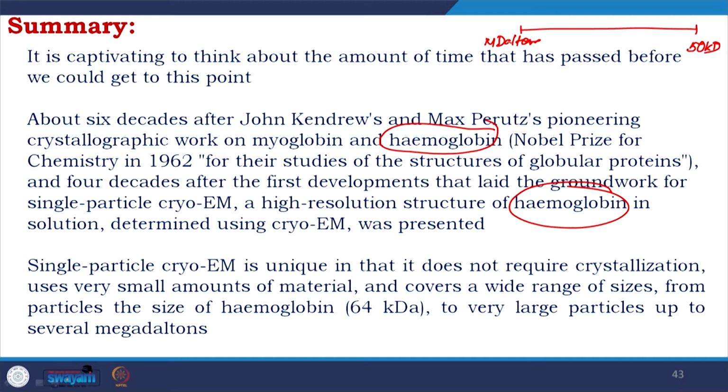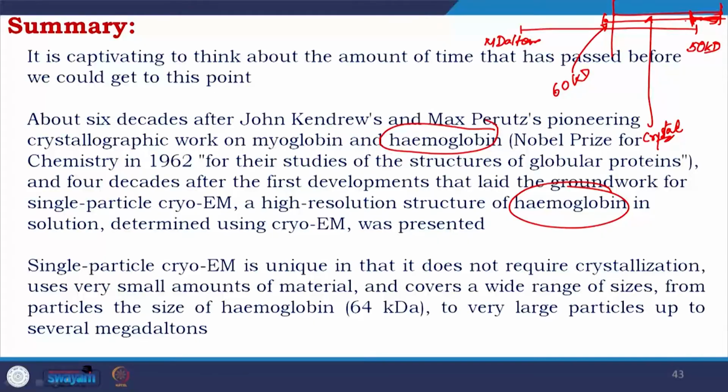X-ray covers from low to this, if you have a crystal. NMR is limited to 60 kilodalton, still now 60 kilodalton. So, where this starts, NMR ends. So, this is one of the good comparisons.